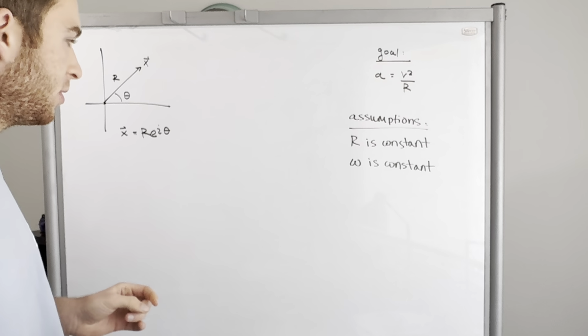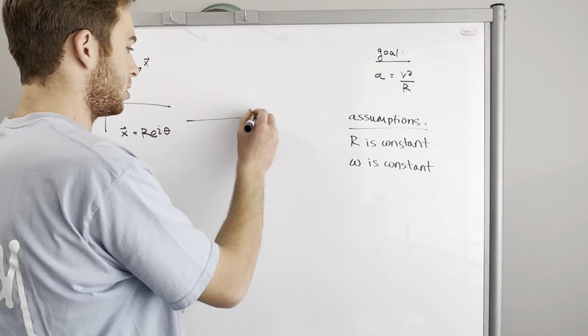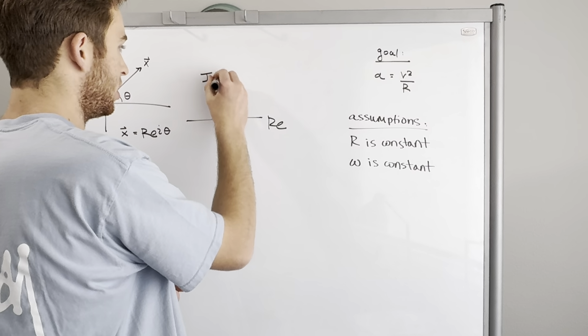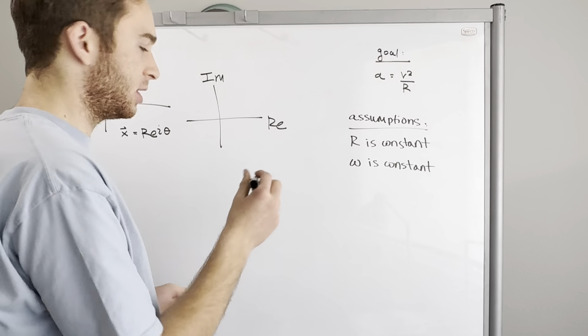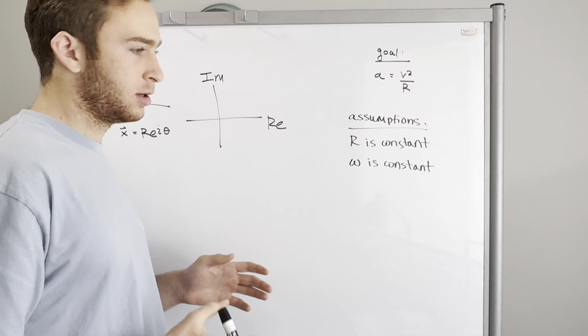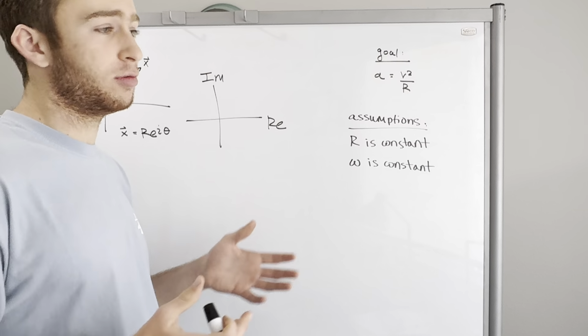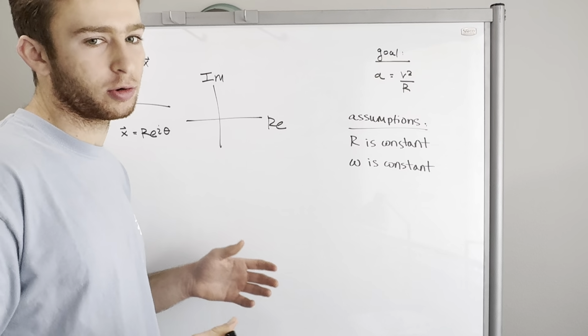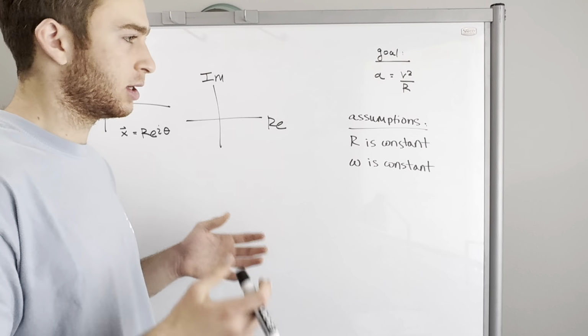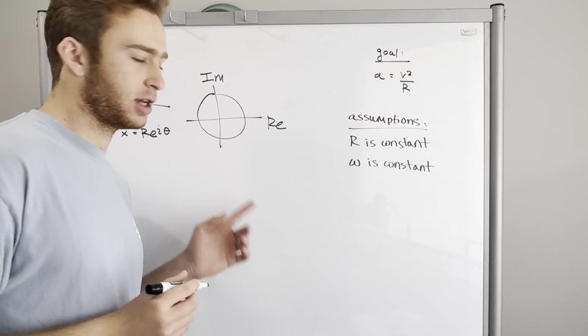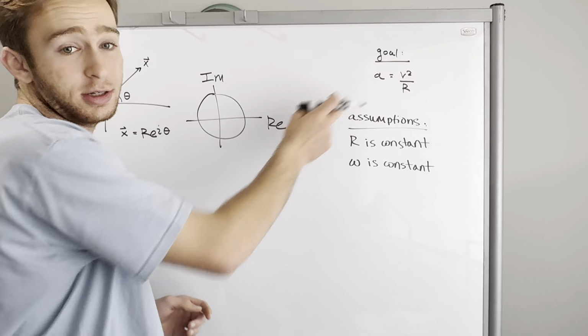So if you think about the complex plane, you have your real axis, you have your imaginary axis. If I'm keeping my radius constant, that means the allowed path that my particle or whatever I'm describing can follow is just going to be a circle, because it's at constant radius. And so that's how this corresponds to circular motion.